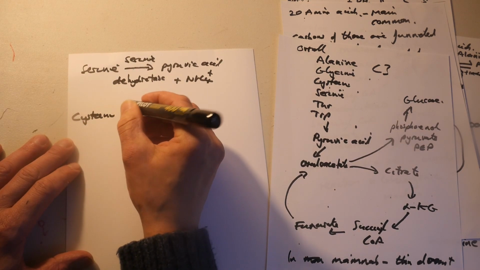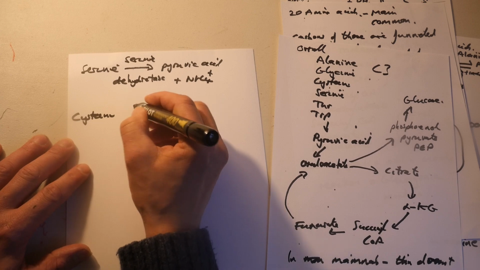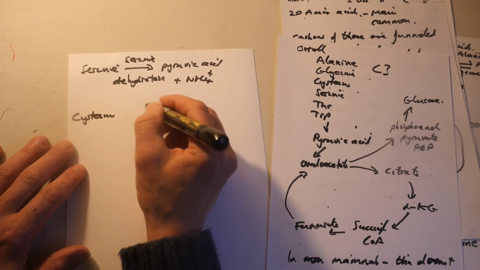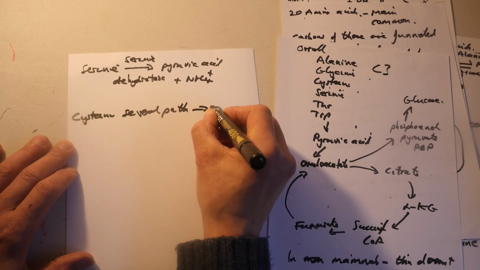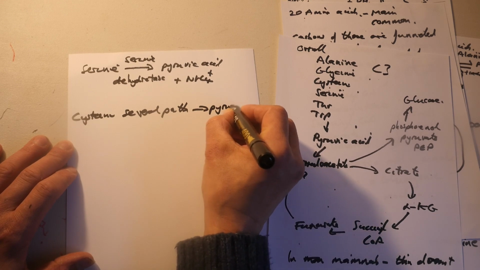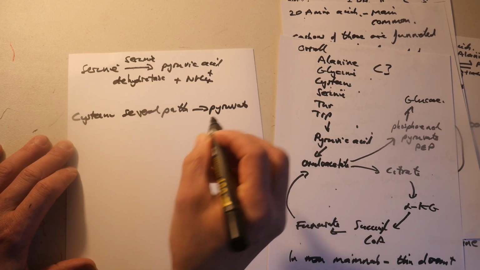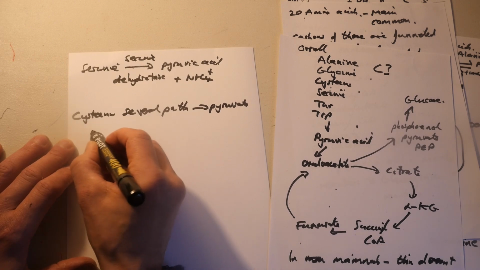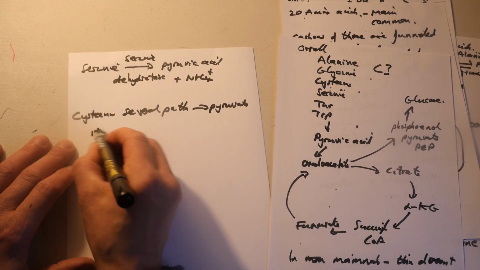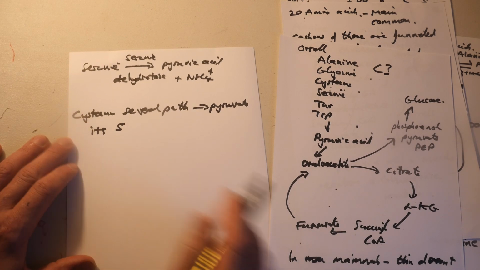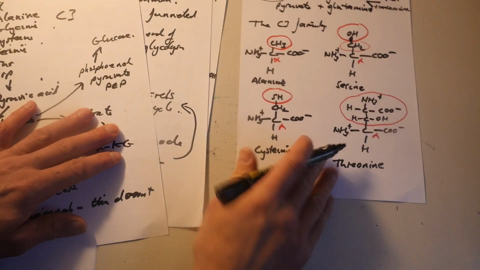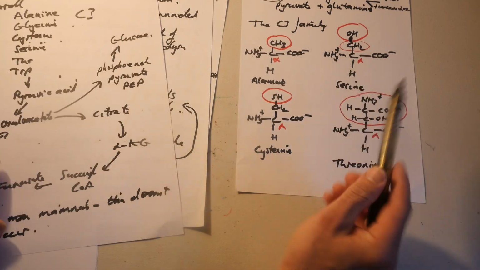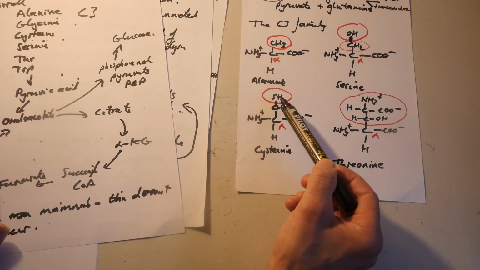And cysteine can be made into pyruvate by several paths. Remember, cysteine looks like this.